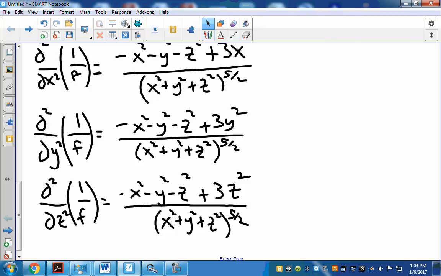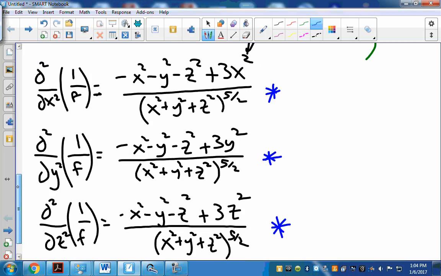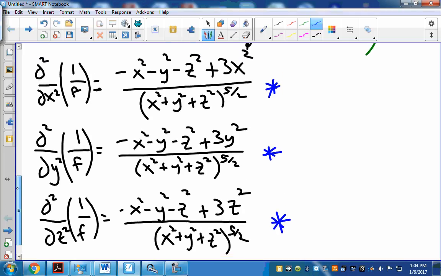Now the Laplacian, the harmonic function idea, says if I take this second partial and this second partial and this second partial and add them all up, I get 0. They all have the same denominator, so that's easy. All I have to do is look at the numerators and make sure when I add them up, I get 0.